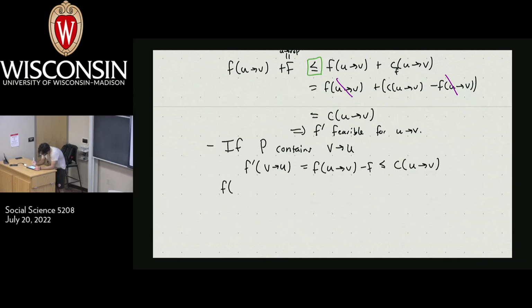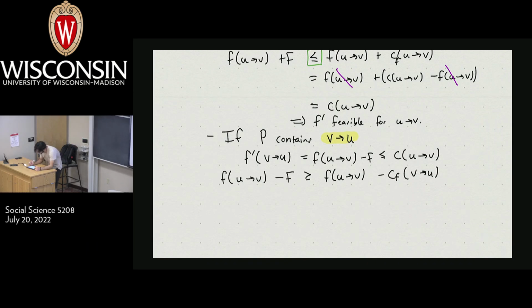Well, f of u to v minus f is going to be at least f of u to v minus the residual capacity of v to u. Remember, v to u is the one on the path. So when you talk about things on the path, we have to talk about v to u. But when we talk about things in the original graph, we talk about u to v. So it's a little tricky.